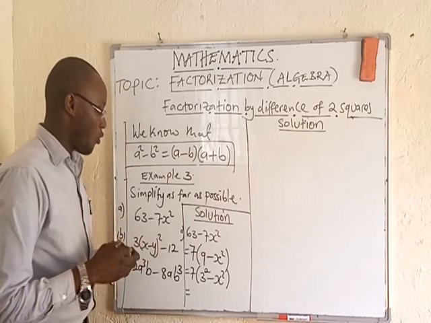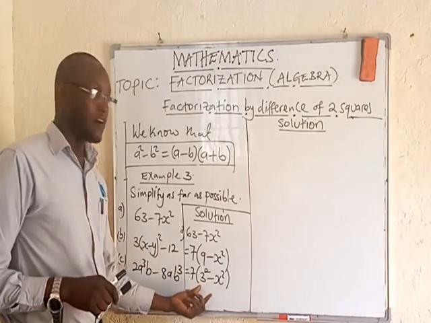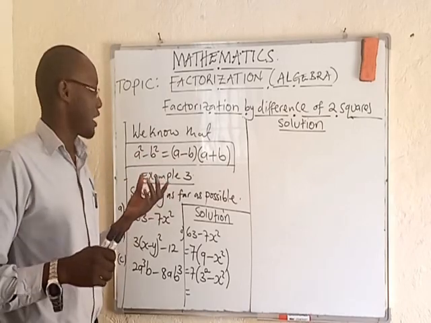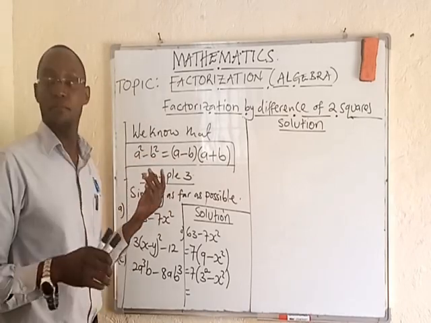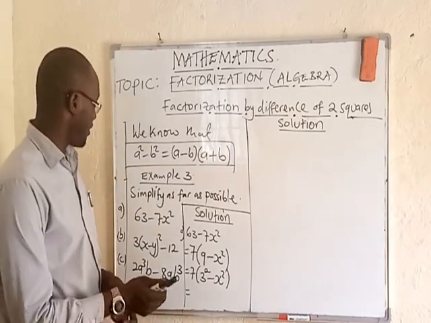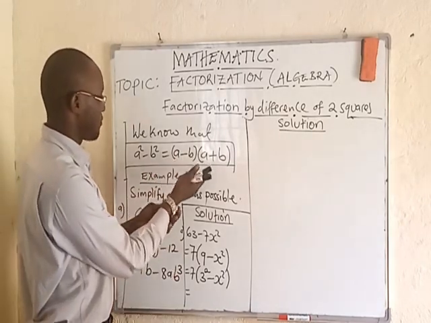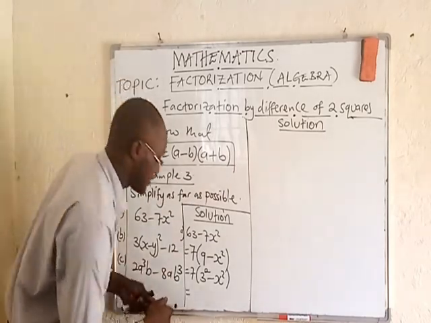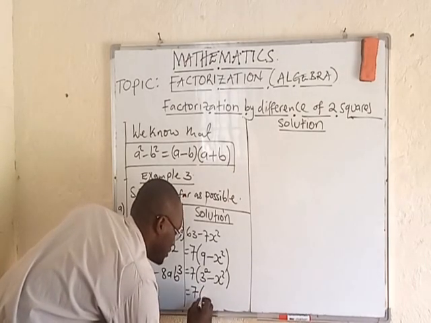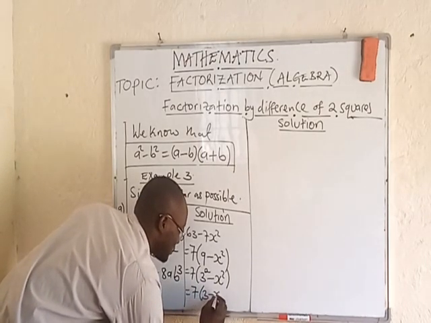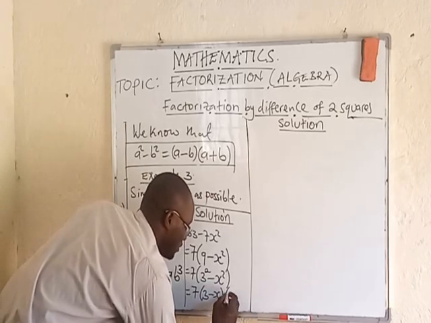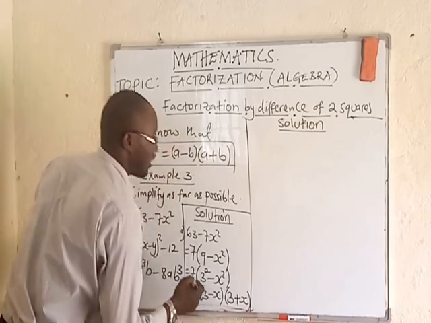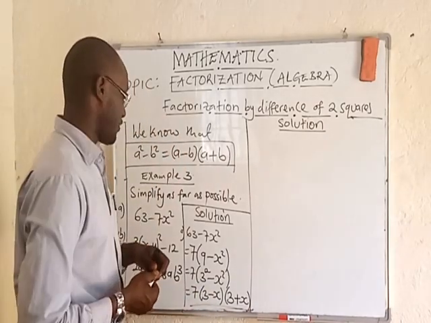Now, when you inspect the brackets, they have moved to our format: a squared minus b squared. So we have a minus b, a plus b as our simplification format. So this will now become 7 into 3 minus x, then into 3 plus x. Wonderful. So that is our simplification for part A.